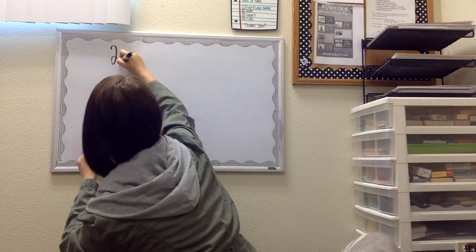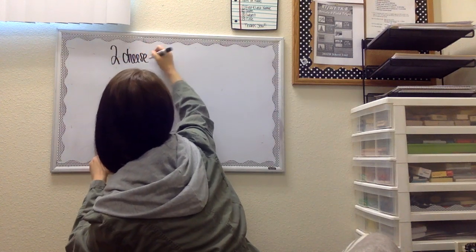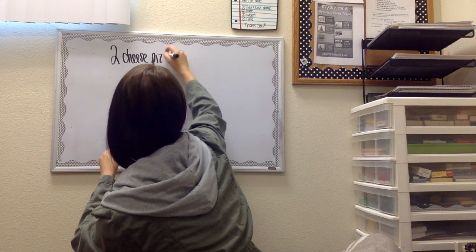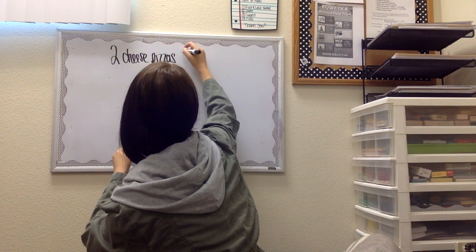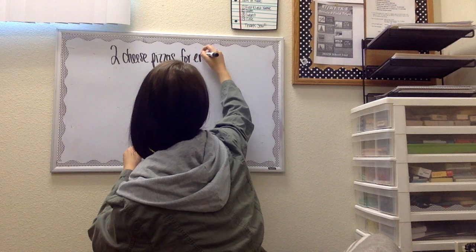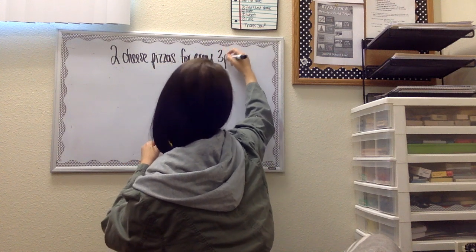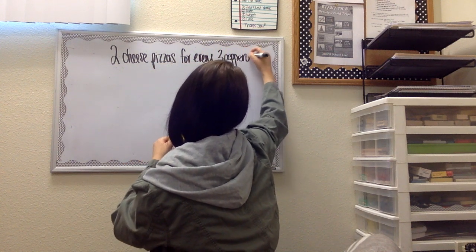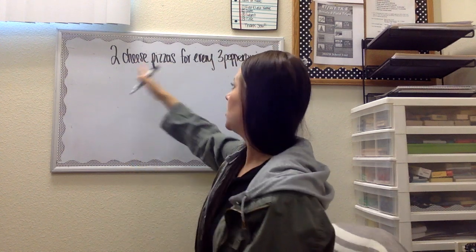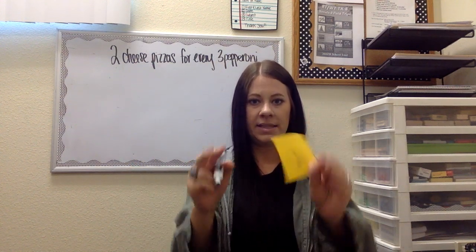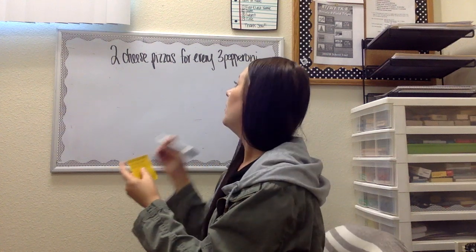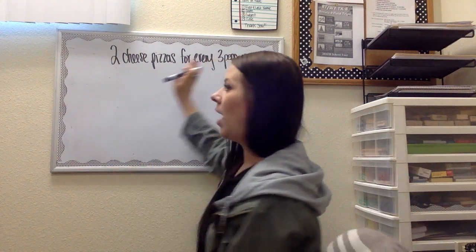So you have 2 cheese pizzas for every 3 pepperoni. Okay, so remember, we're not really getting 2 and 3, but for every 2, we have 3, and we kind of continue that pattern out. Now, the total of our 2 to 3 situation is 5.